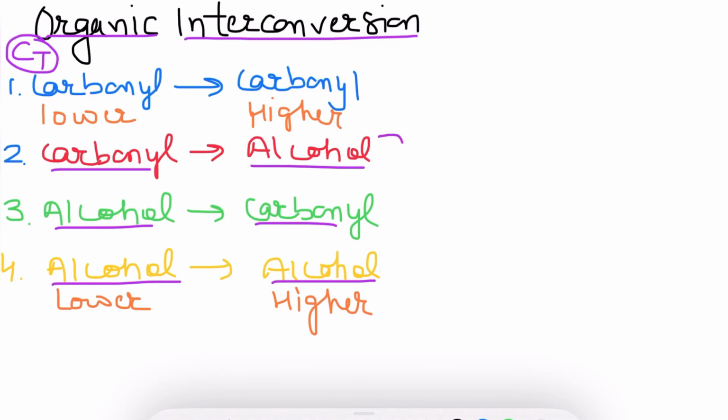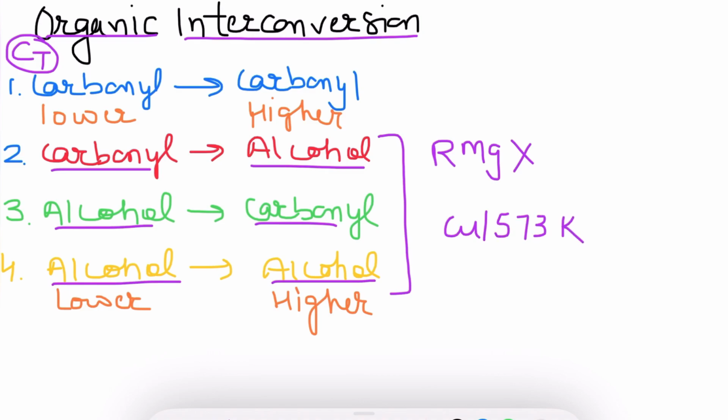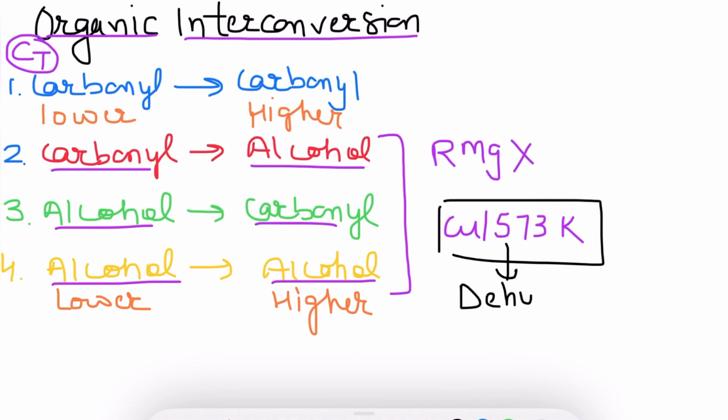In the last three conversions, along with the Grignard reagent, we use one more reagent, that is copper at 573 Kelvin. This copper at 573 Kelvin is used for dehydrogenation of alcohol.